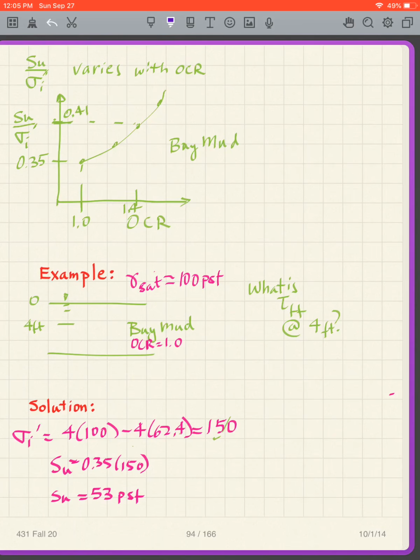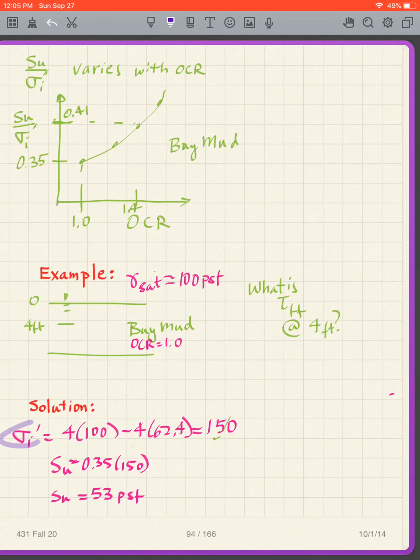And so if you have, for instance, this bay mud soil profile, and it's normally consolidated, and we want to know what is the undrained shear strength, the tau FF, or SU, at a depth of 4 feet, then it's pretty straightforward. You can at least make an estimate before you do anything, knowing the approximate density.